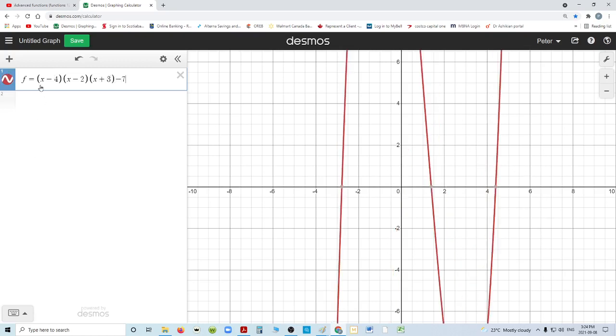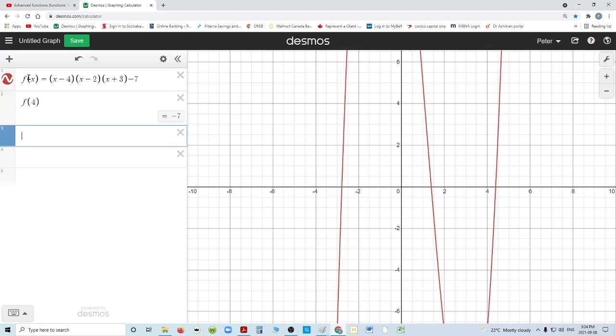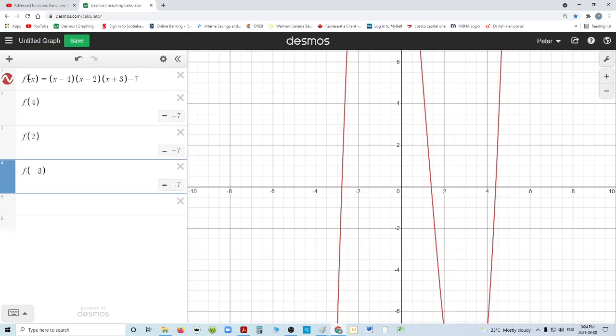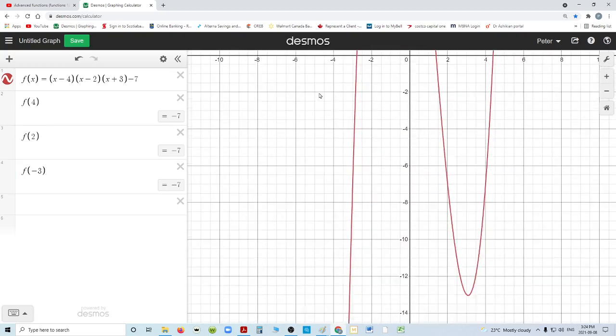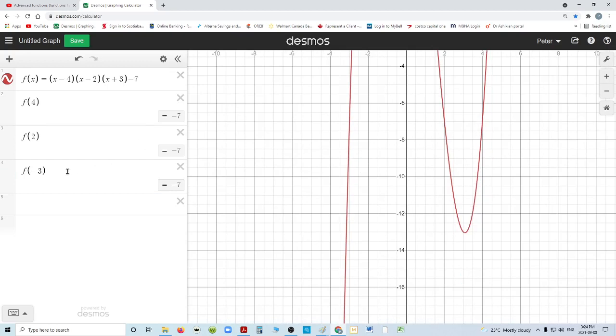Let's see if I can do f of 4. What do I get? Minus 7. Good. f of 2. Minus 7. f of minus 3. Minus 7. Okay, so I was right. I put it on the wrong side of the graph, that's all.